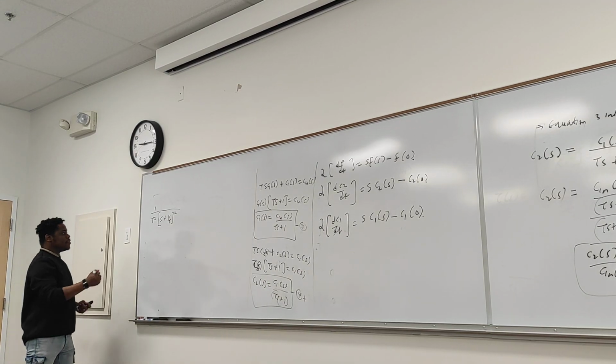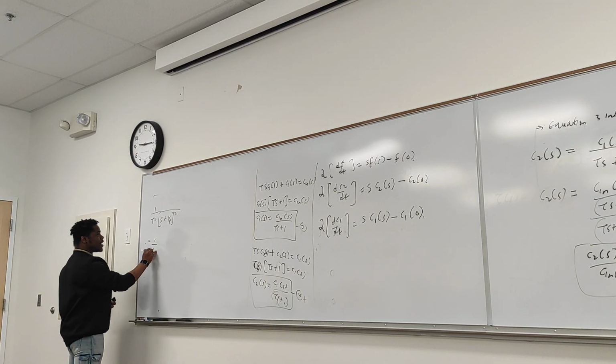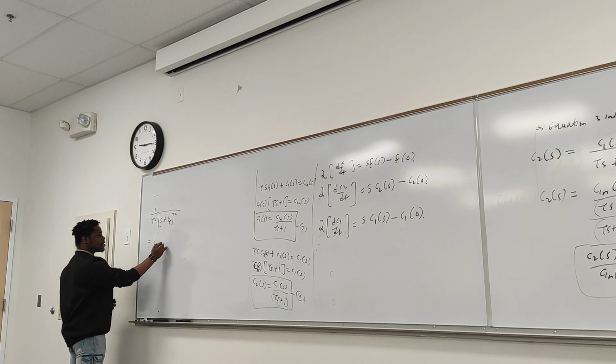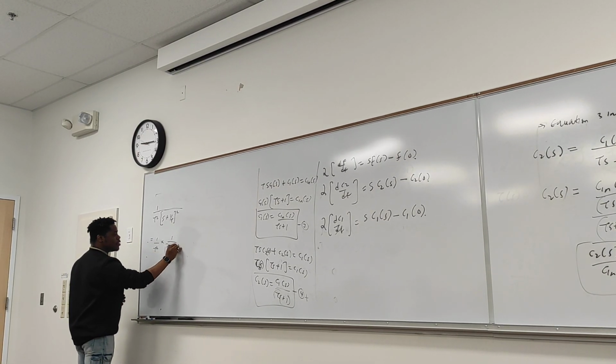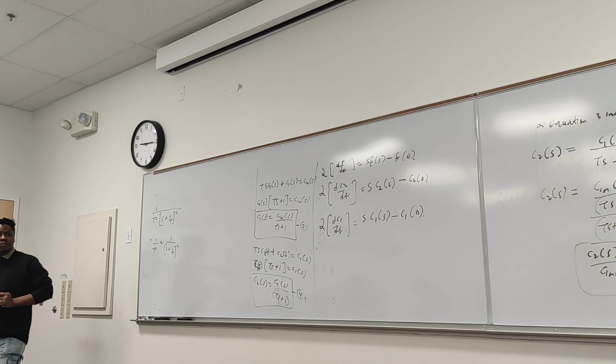So this becomes 1 over tau squared, this is a constant, times 1 over (s plus 1 over tau) squared. Can we find the Laplace transform of that one?